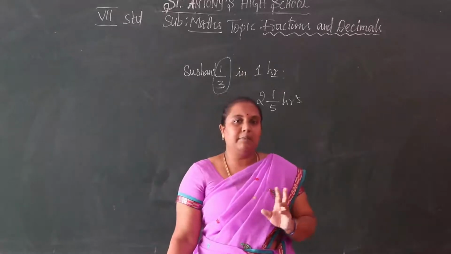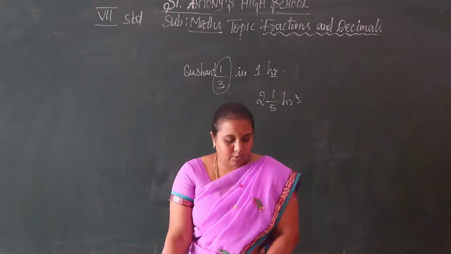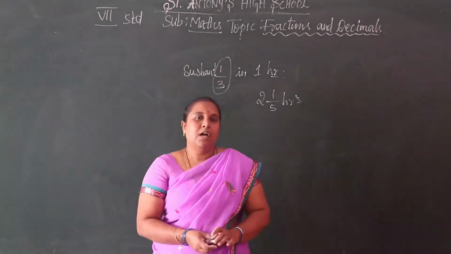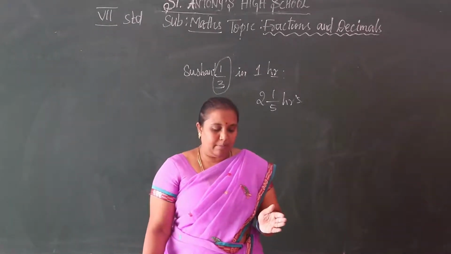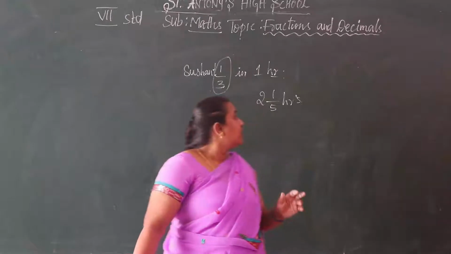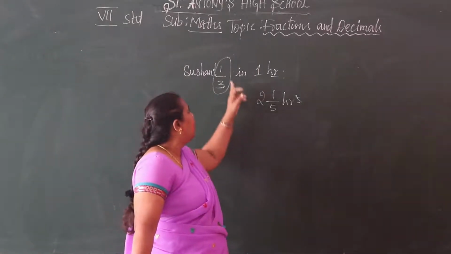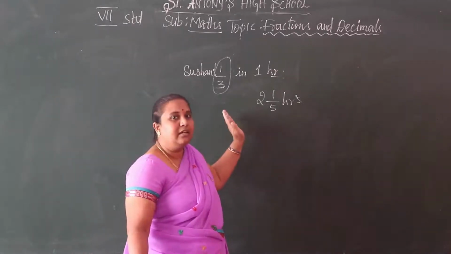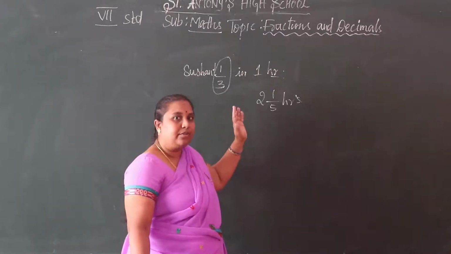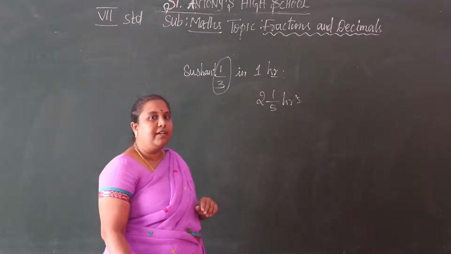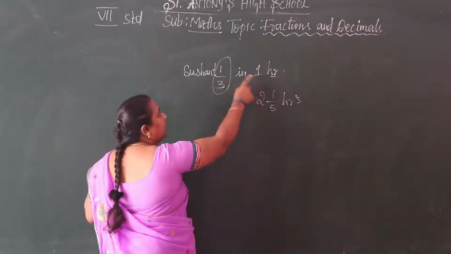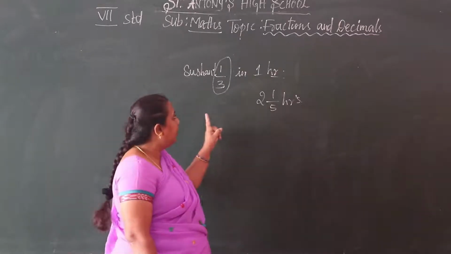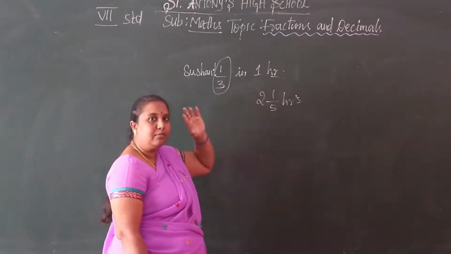We want to multiply and find out how to get the part of the book read by him. In 1 hour he reads 1 by 3 part of the book.